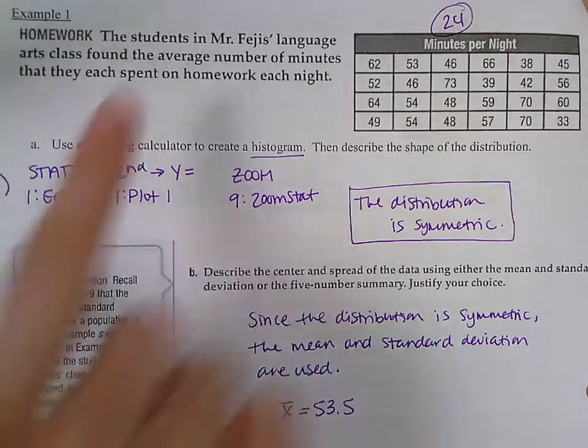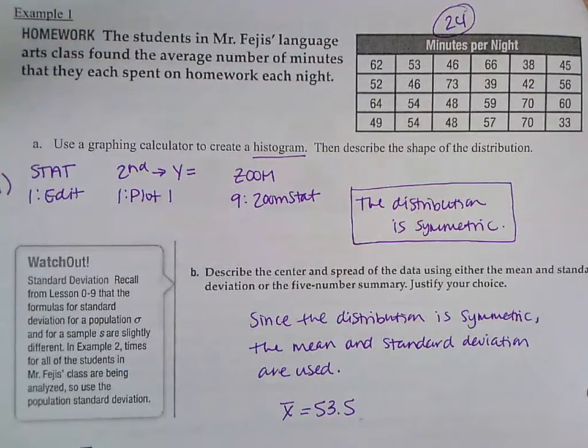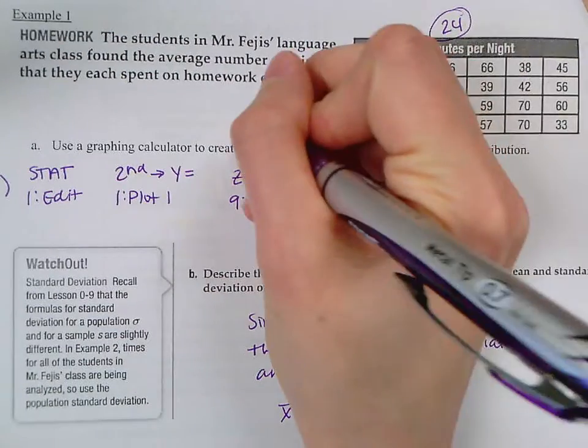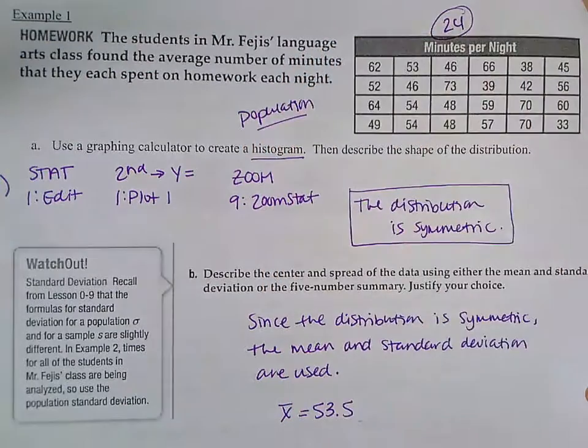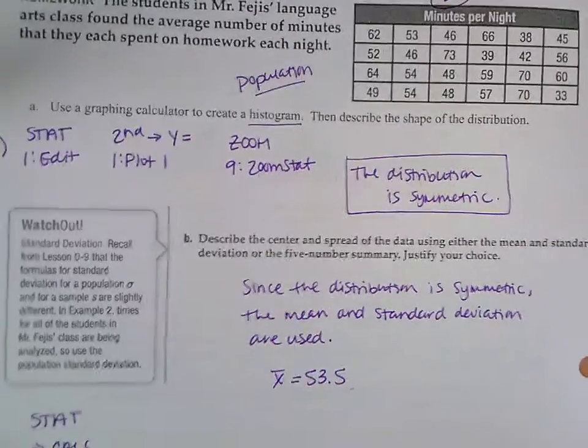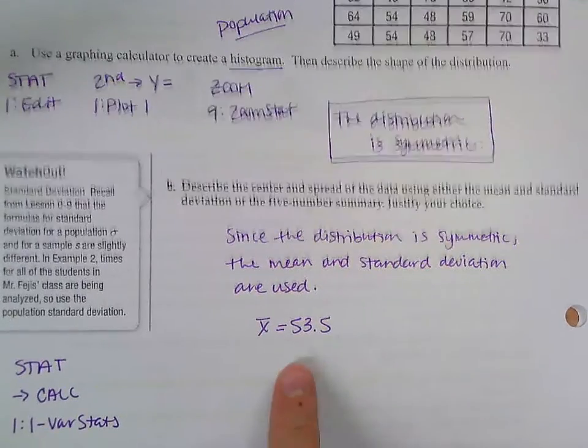If it said 10 of his students in his language arts class gave their data, that's a sample because it's implying there are more than 10 students and only 10 of them gave their data. So this is a population. It's implied that that's all of his students in that class. So therefore, we want the population standard deviation.